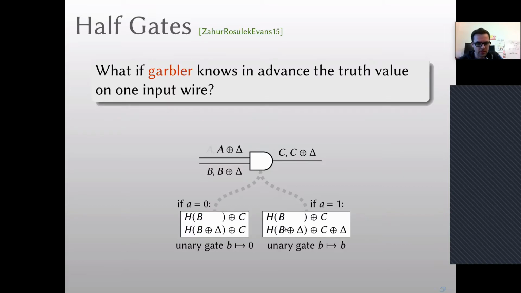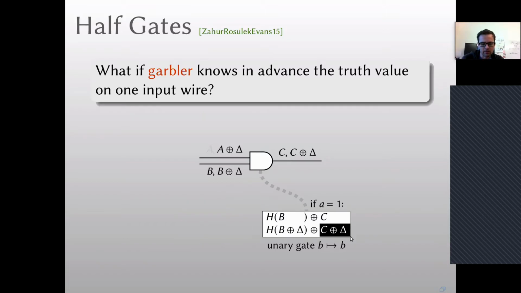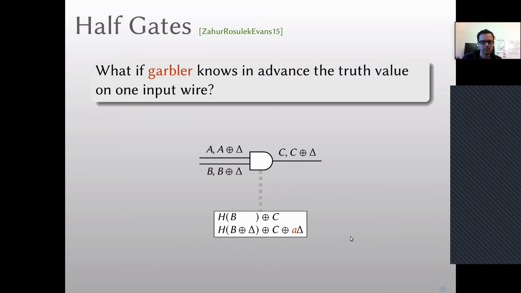Okay, those are the 2 choices. You can merge these 2 choices by saying, oh, the only difference is what I do right here, right? That's the only difference. So I can combine these into a unified thing. So if I know that the value on the top wire is little a, a bit here, then I would garble this garbled gate, I would say.